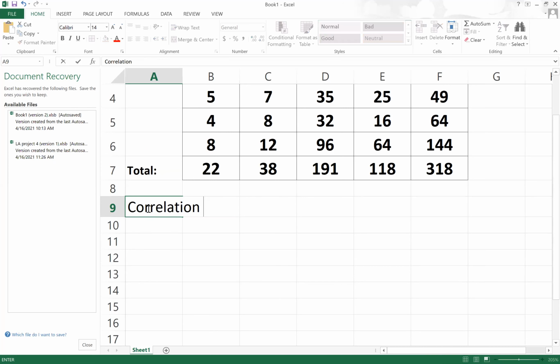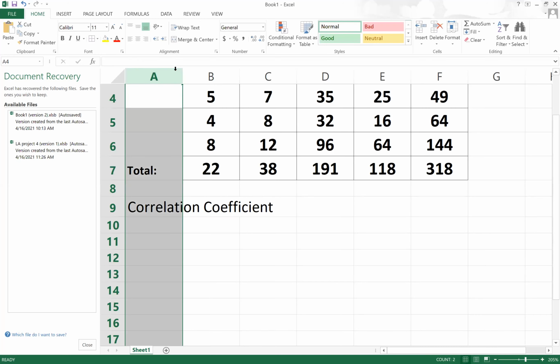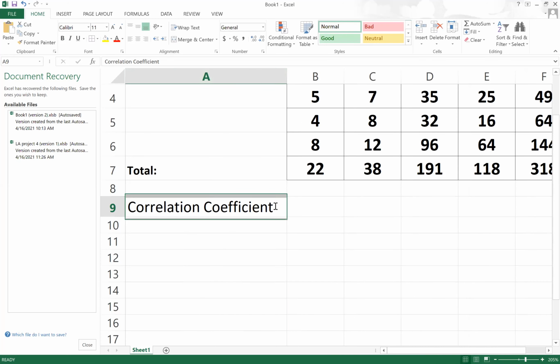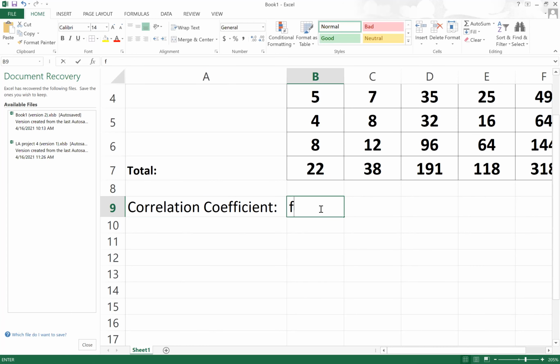Correlation coefficient. And we use the symbol R to represent that. In this case, R is equal to, and let's put it, let's do it here.